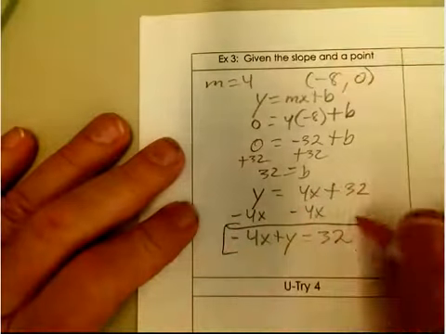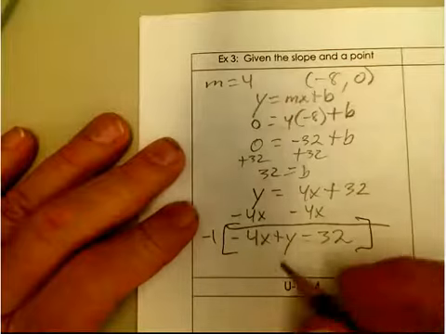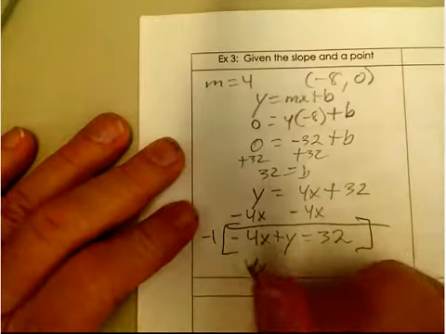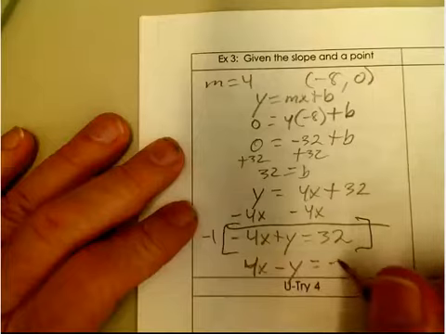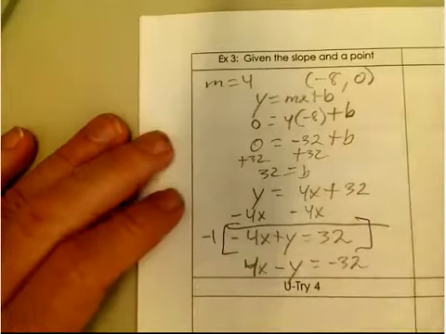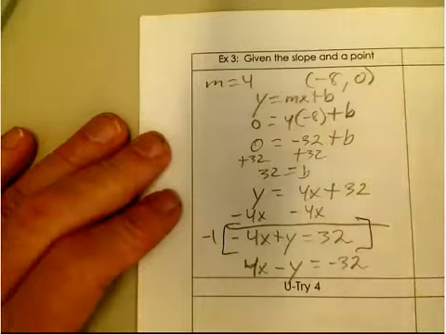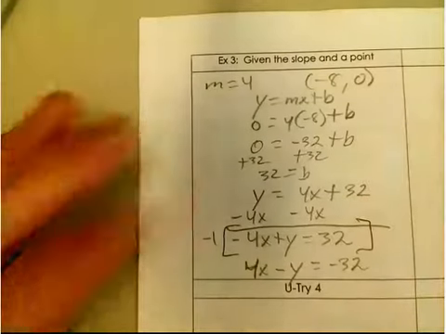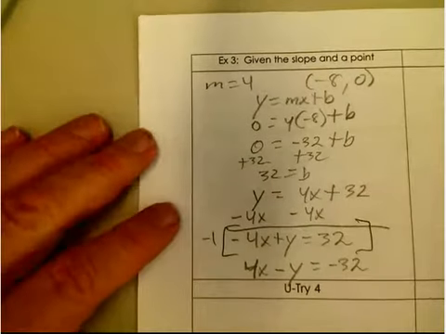I have to multiply the whole equation by -1 and get 4x minus y equals -32. So if you are given a point and a slope, you can either figure out the slope-intercept form equation, or you can use point slope to get started and eventually end up in standard form.